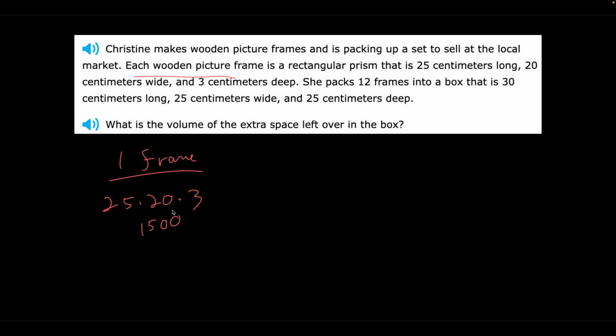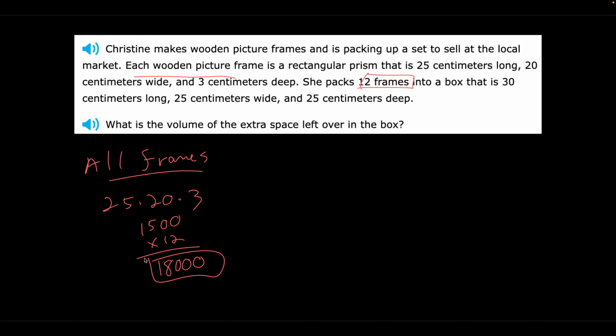The only trick with this problem is they tell you that she does 12 of these frames. So you have to take that 1,500, multiply it by 12, which is 18,000. So this is how much space all frames are taking up. Okay, all the frames take up 18,000 cubic centimeters.